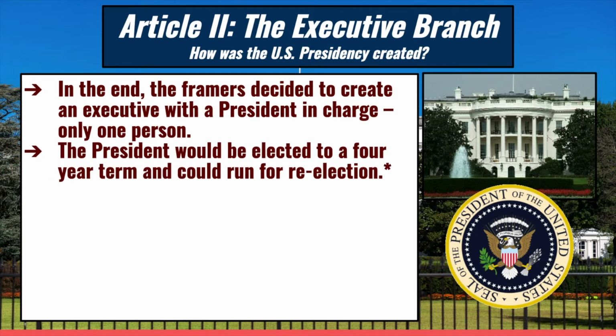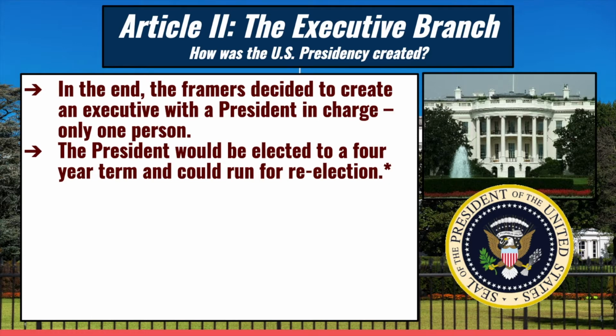The president would be elected to a 4-year term and could run for re-election. The reason there's an asterisk there is in the beginning, a president had the ability, if they chose, to run for re-election as many times as they wanted. In practice, presidents kind of followed the unofficial 2-term limit.